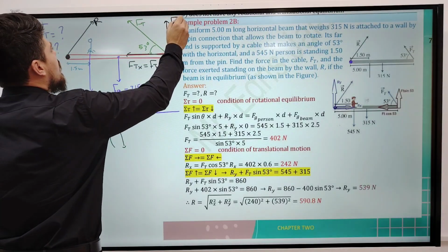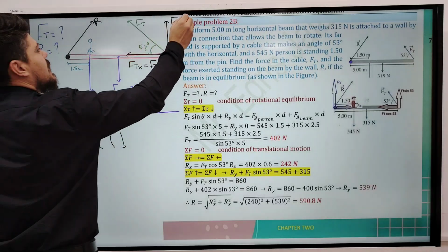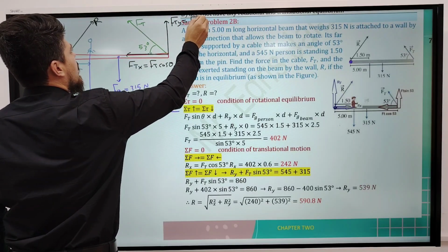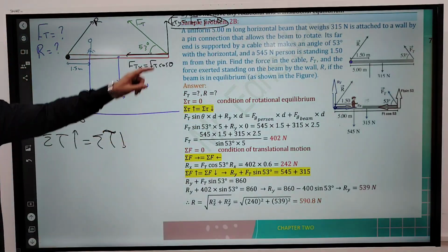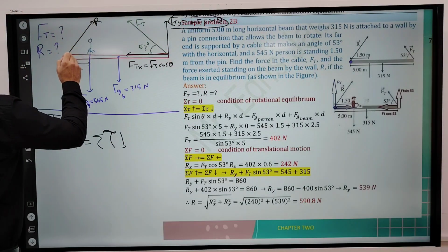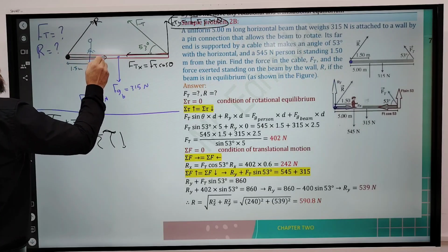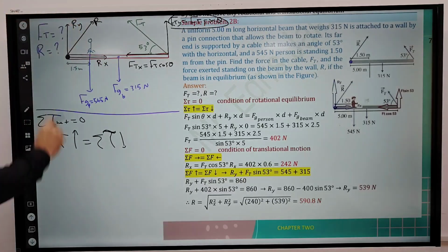What about Fty? Because the angle is not with the y-axis, we use sine. Fty is equal to Ft sine theta. What about R? R also can be resolved into 2 components, Rx and Ry.